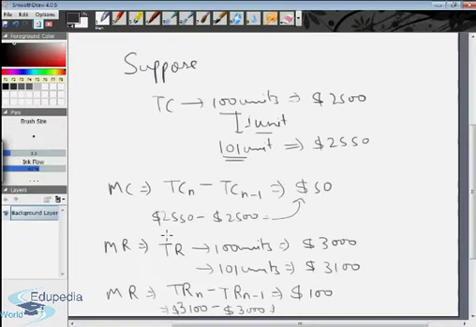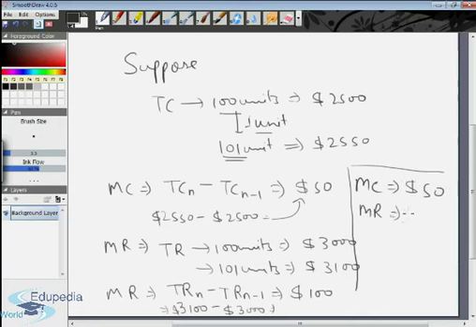See, in this example, our marginal cost is $50, whereas our marginal revenue is $100. So we can see here that we are earning a net profit of $50, that is marginal revenue minus marginal cost.